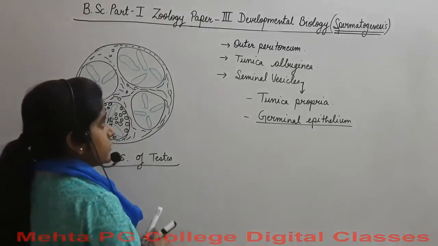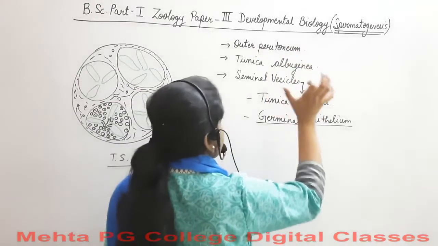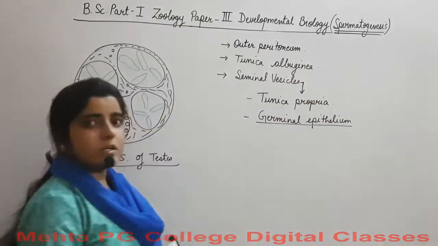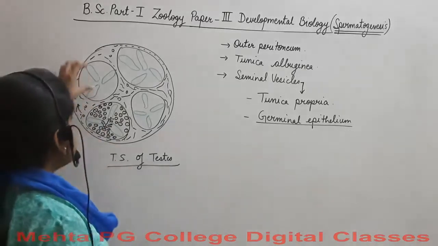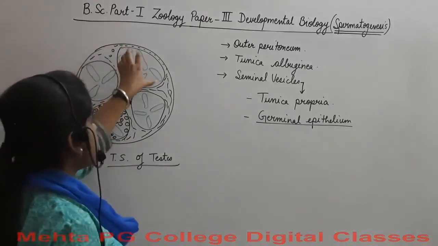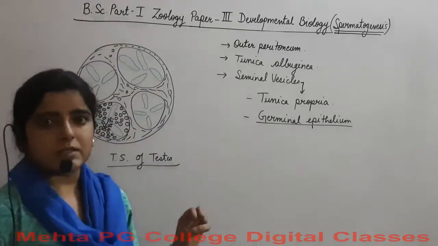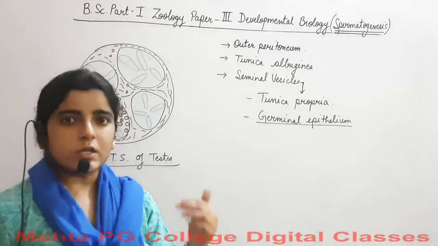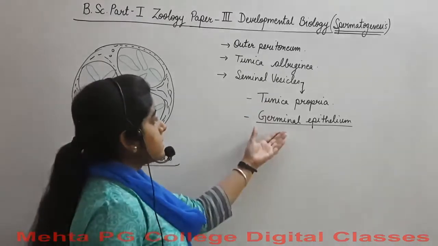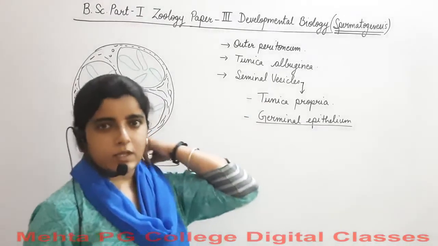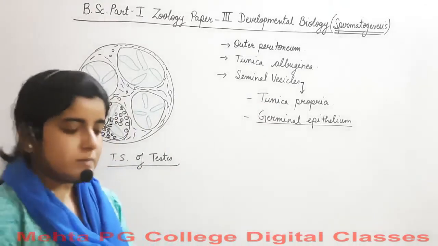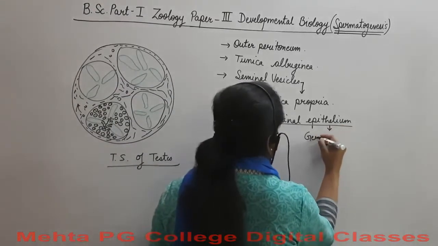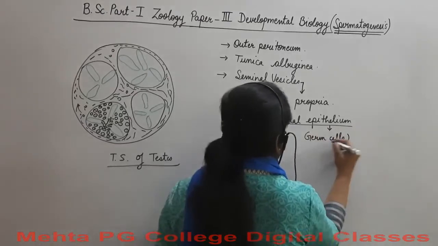So we are clear that the outer layer is peritoneum, just below this is tunica albuginea, about testes. When we are talking about seminal vesicles, these have an outer covering called tunica propria, and under this lies germinal epithelium, which contains germ cells.